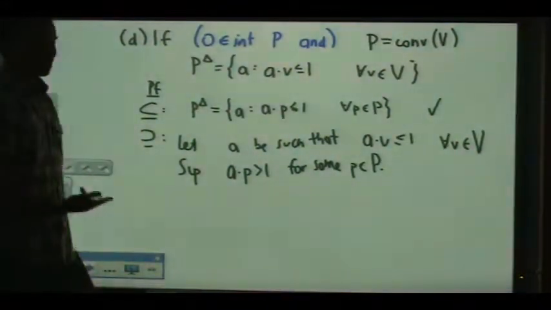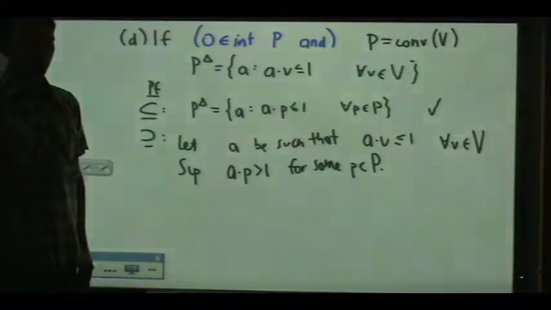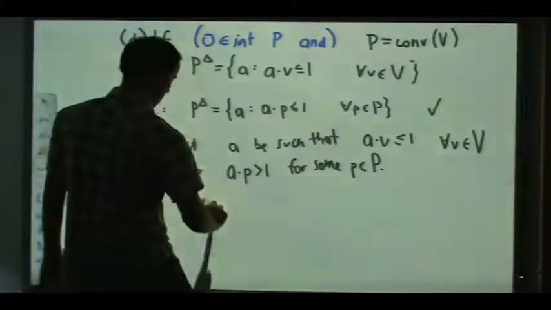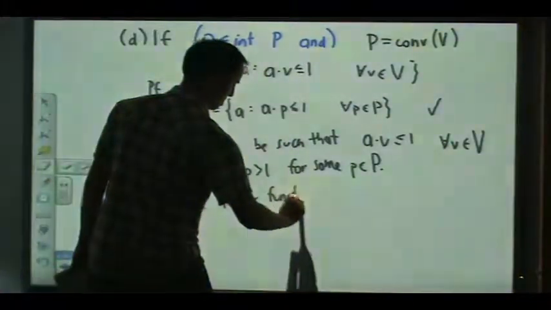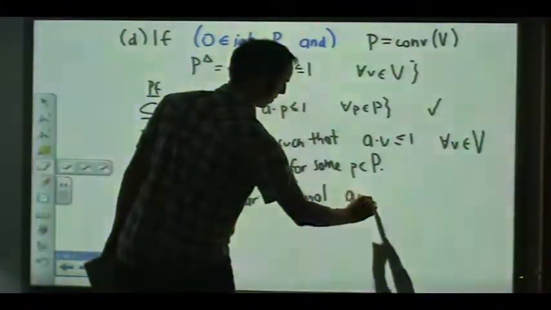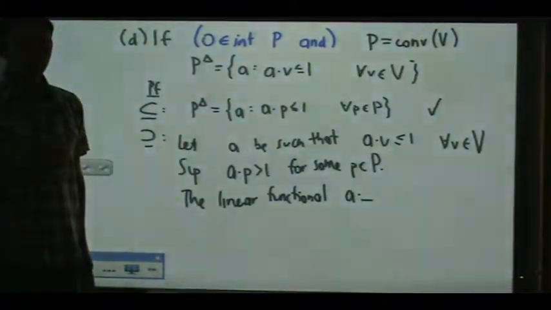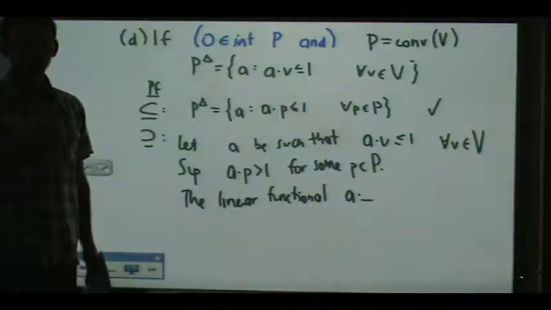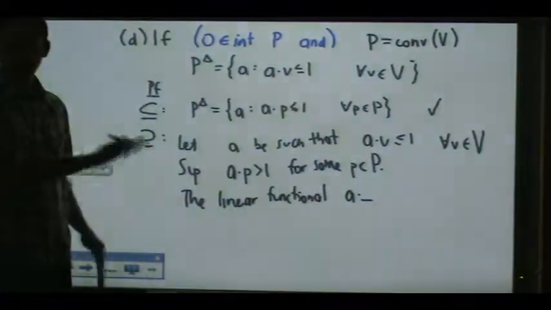What I'm going to say is this. Consider the linear functional A dot x. It is maximized where? In some face. We don't know which one that face is, but there is a face. We call it F of A, and that's where this is maximized.